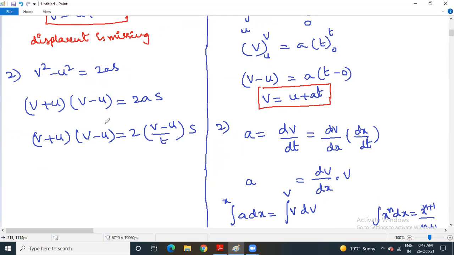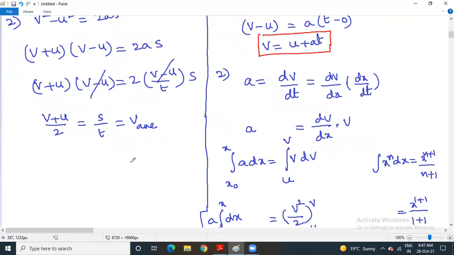So you can cancel both sides, v minus u, v minus u. Then (v plus u) by 2, I brought 2 down, is s by t. What is s by t? It is total displacement by time, which is average velocity.